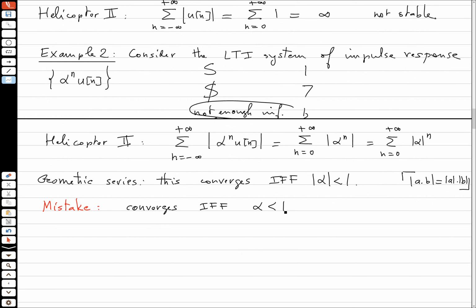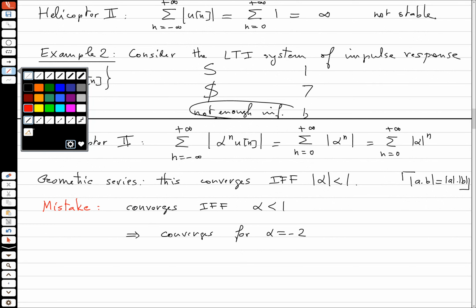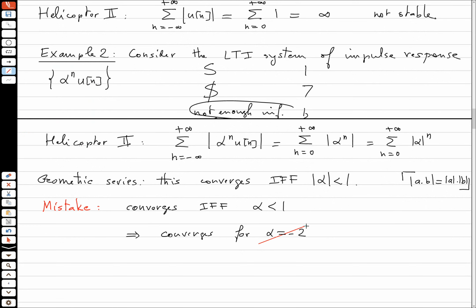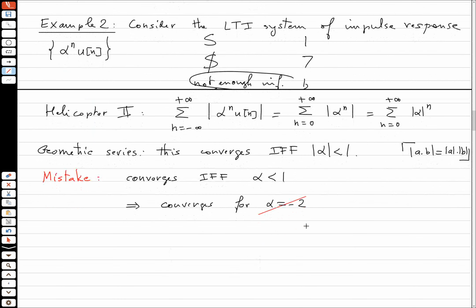So that is wrong, because then that means it converges for alpha equals minus 2. That is bad. I'm saying this because often students forget about negative numbers. This is not going to converge because the absolute value of alpha is 2 in this case.